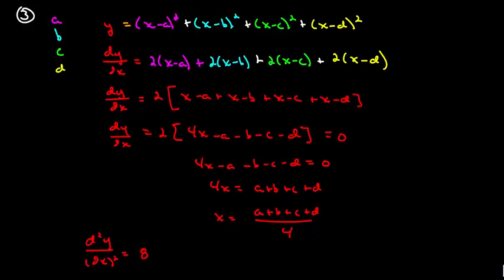And 8 is positive, which means the whole graph is concave up, which means that the point where we found the derivative equal to zero must have been a minimum. Just like that. So the number required to find the minimum is just the average, the mean, of these data points. That easy.